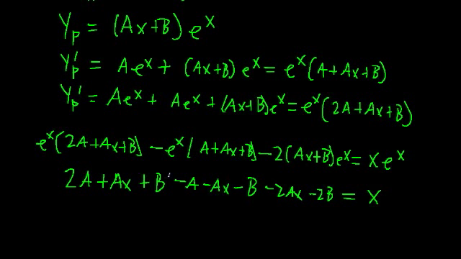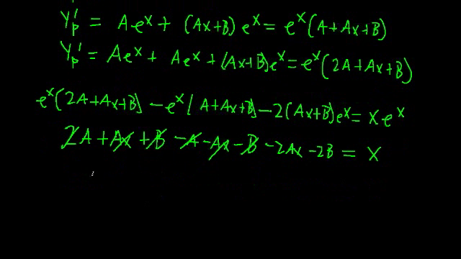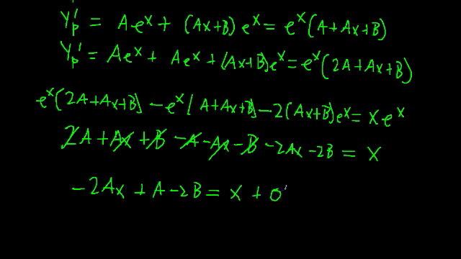So now let's simplify. Here we have plus b and minus b, plus ax and minus ax. Here we have 2a and minus a. So we eventually get negative 2ax plus a, this a right here, minus 2b. All of that is equal to x, and I'm just going to say x plus 0.